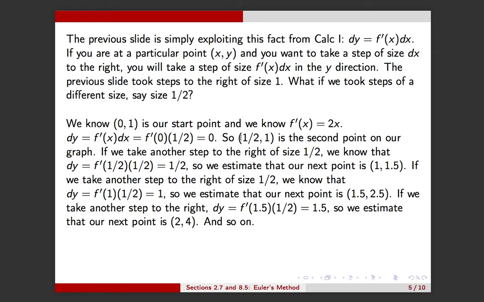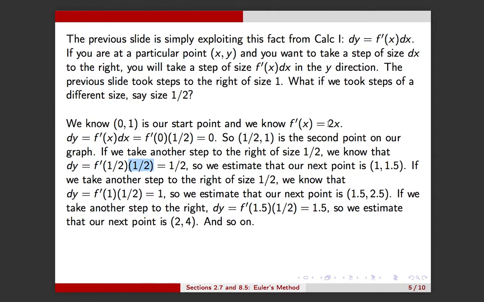So we take a step to the right of size half, and we end up there. We travel along a horizontal tangent line for a step size of x equals half. So that's now our second point on our graph. We already knew 0, 1 was on there. Here's our second point. Well, what if you're at that point and you want to take another step to the right of size a half? Then again, we know change in y is f prime of our current x value times our x step size.